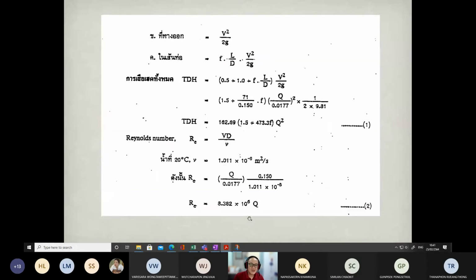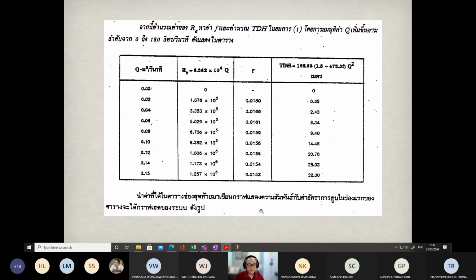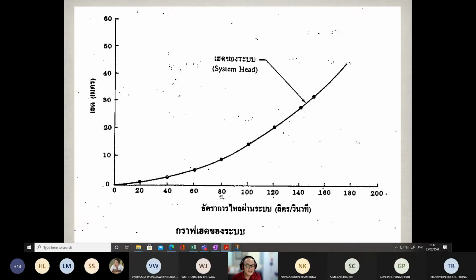So this is the TDH expression in terms of Q, and this one is the Reynolds number expressed in terms of Q. We have to determine the friction factors. Once we get the friction factors, we can determine the TDH for the flow rates that we assumed initially, which we put on the x-axis.